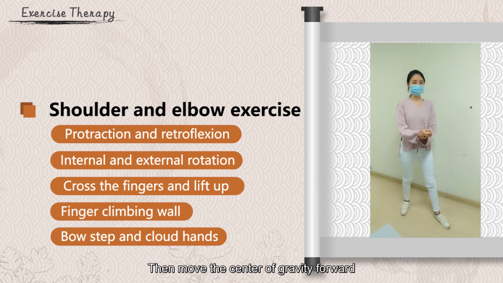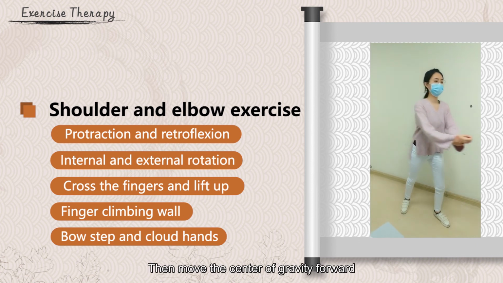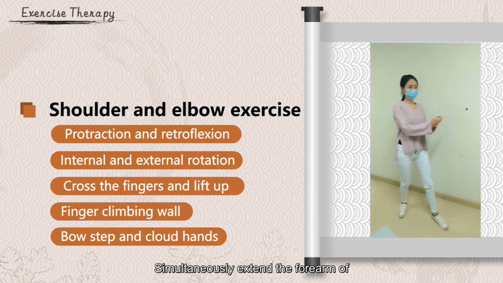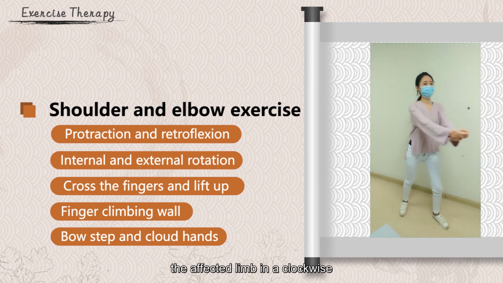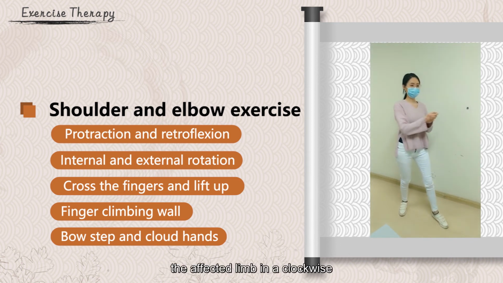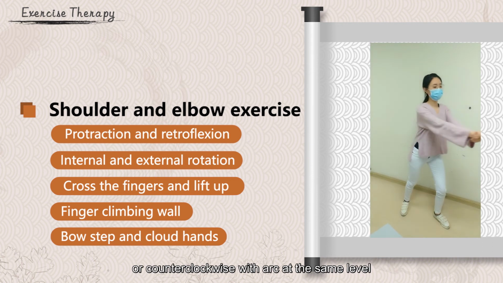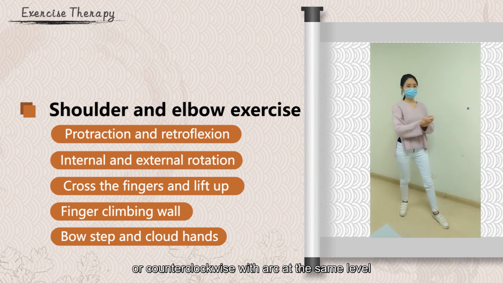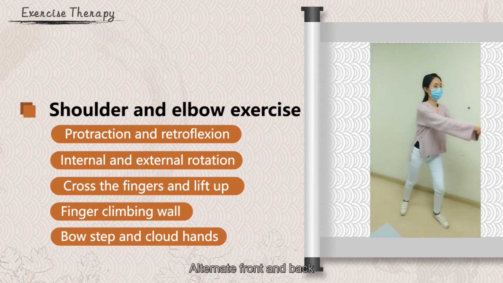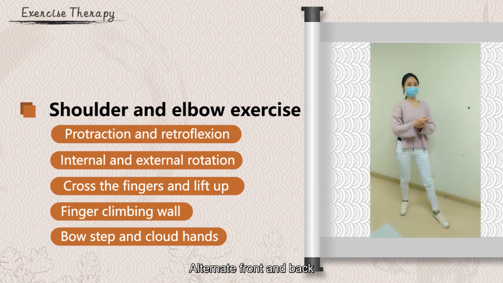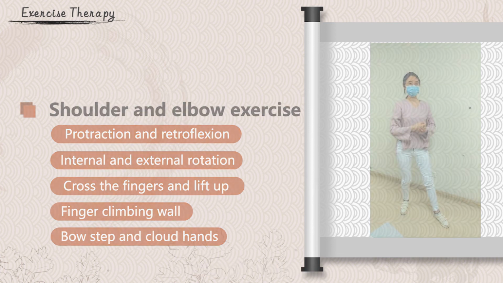Then move the center of gravity forward. Simultaneously extend the forearm of the affected limb clockwise or counterclockwise in an arc at the same level. Alternate front and back. Repeat many times.